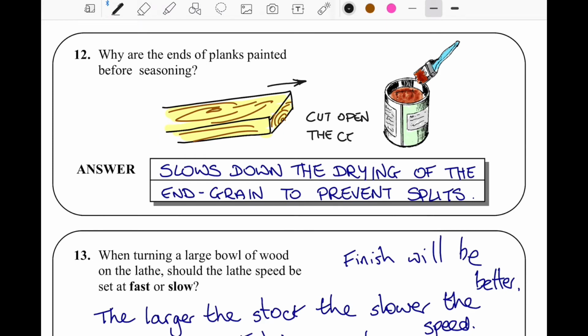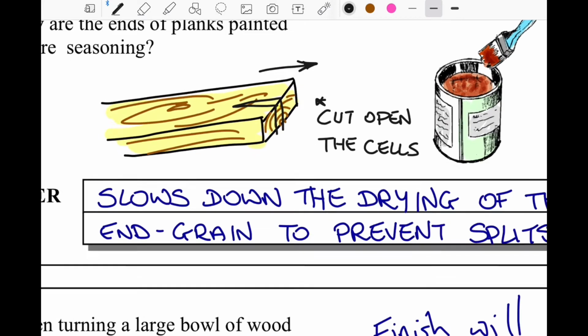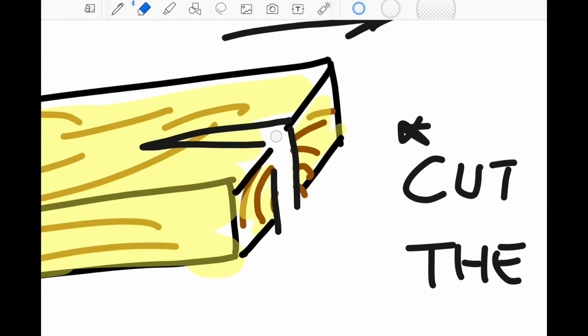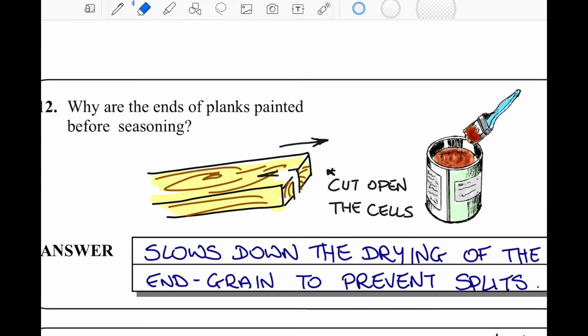So these ones are particularly open, and the water tries to escape from there first. And if it goes too fast, the timber splits down the middle there.